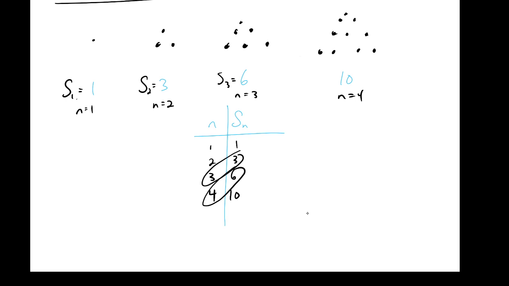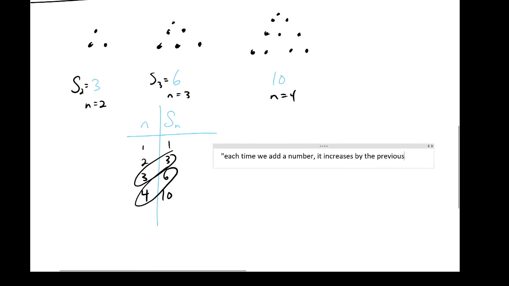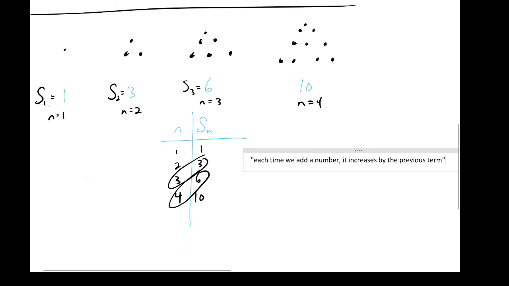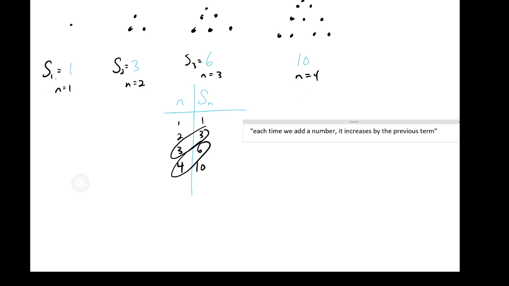Or, here we go, 3 plus 3 is how we're going to get 6. So describing that verbally, we would say that each time we add a number, it increases by the previous term. The term being how we would number the sequence, right? First term, second term, etc.